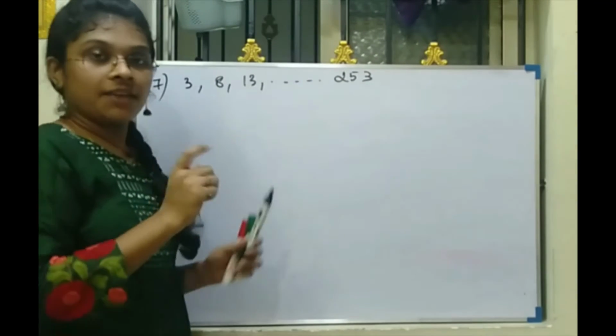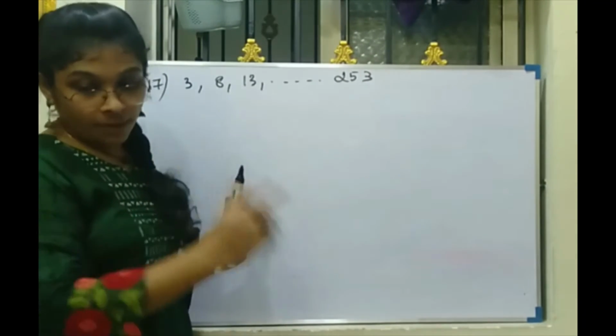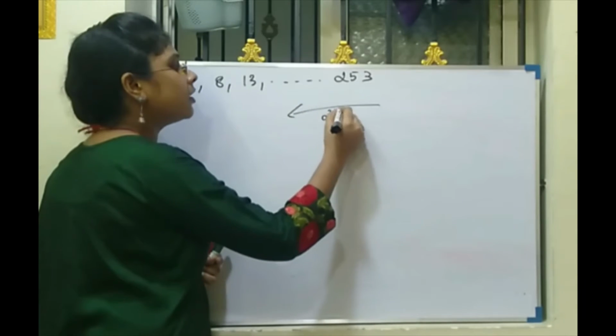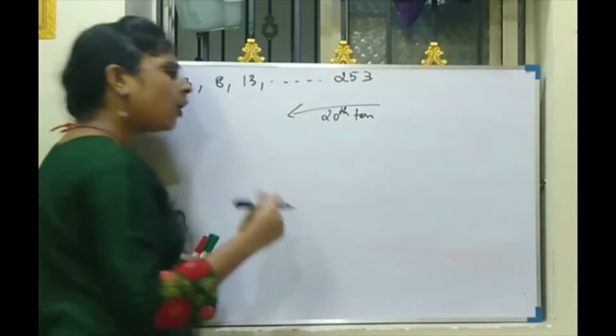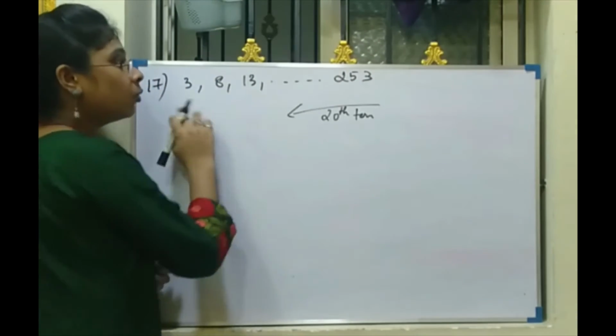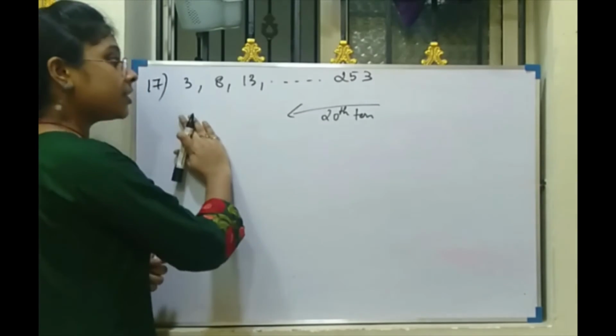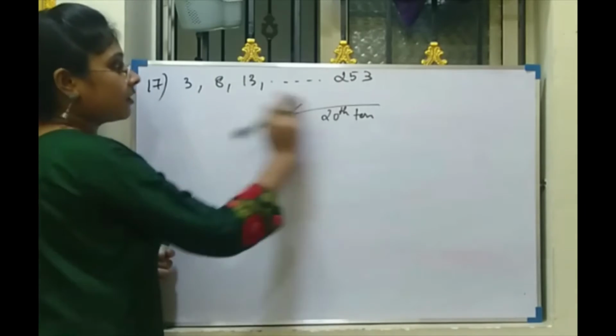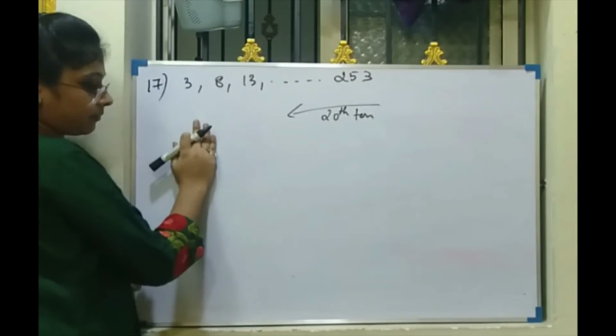They have asked to find the 20th term from the last term. That means from the reverse we have to find the 20th term. How can we find? To find the 20th term from the reverse, we have to reverse the whole AP sequence. Okay? The first comes last and the last comes first.